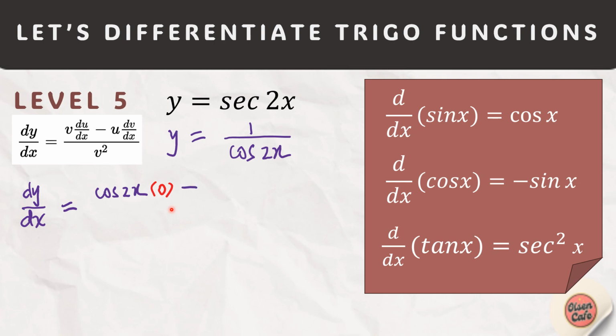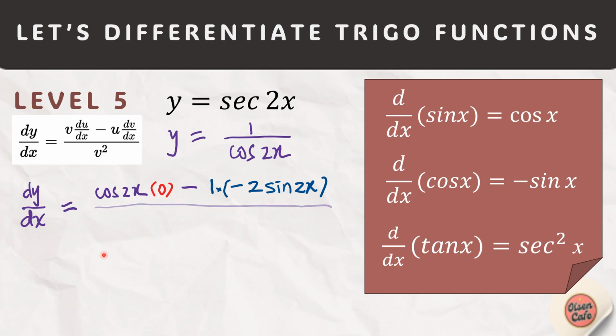Then I minus u, which is a 1, and then I differentiate cosine 2x, which is this v. So when I differentiate cosine 2x, this will give me negative sine 2x, and then I differentiate the 2x again, I will get 2. So this is what I have here for v du dx minus u dv dx.